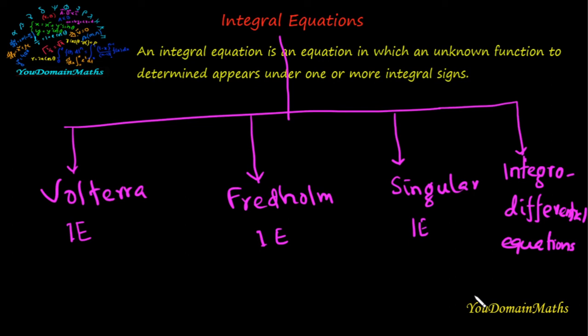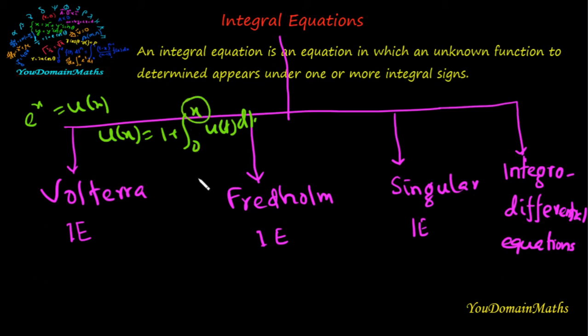Firstly, we can write an example: e to the power x is the solution of u(x) = 1 + the integral from 0 to x of u(t) dt. This equation is called a Volterra integral equation because the integrating limit is variable. That means the integrating limit is a function of x.